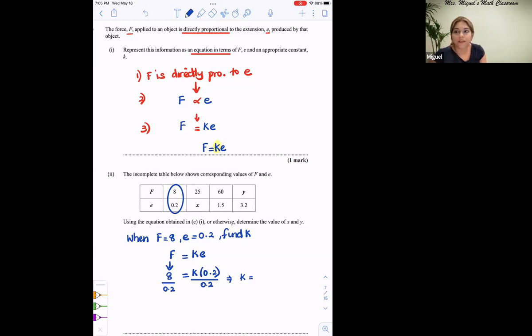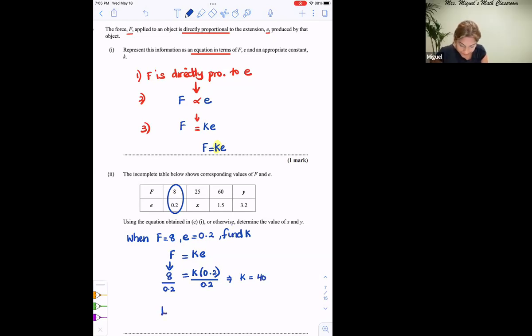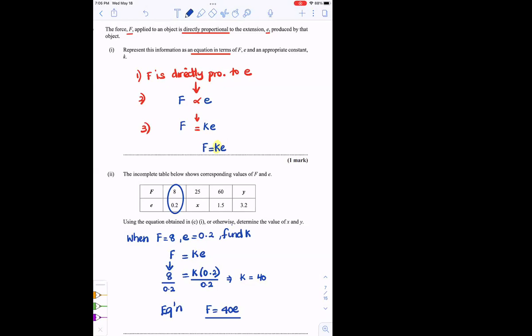All right, who has a value for k? 40, miss. K is 40. So my equation is F is equal to 40E. Did you all get that? Yes, miss.